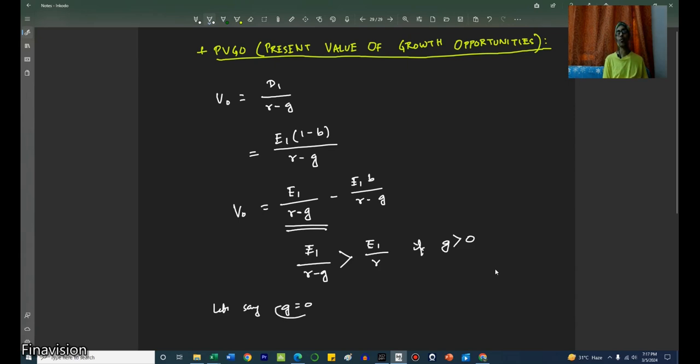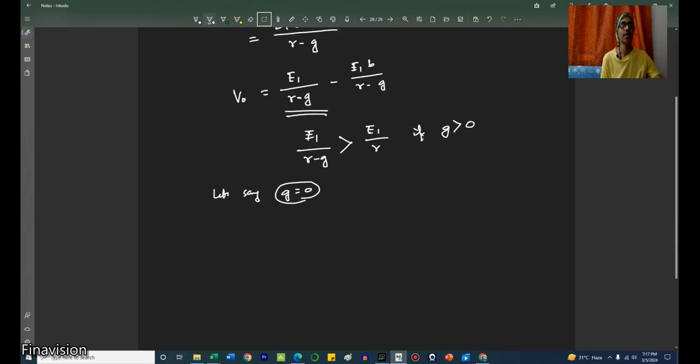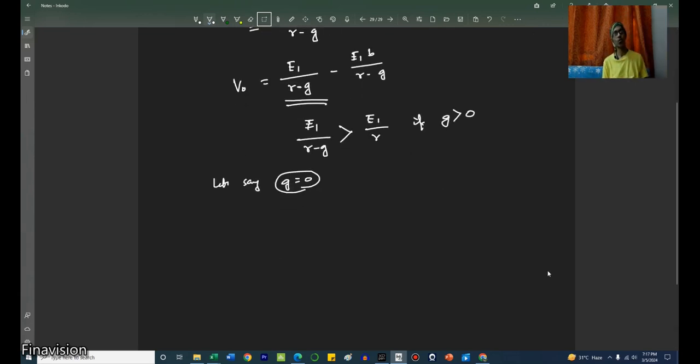There are no growth opportunities, there is no growth. So ideally, what do you think should be the retention ratio? If a company has no scope to grow, what should be its retention ratio? It should ideally be 0, right? It should pay out all its earnings. So this V0 should become equal to E1 by R.